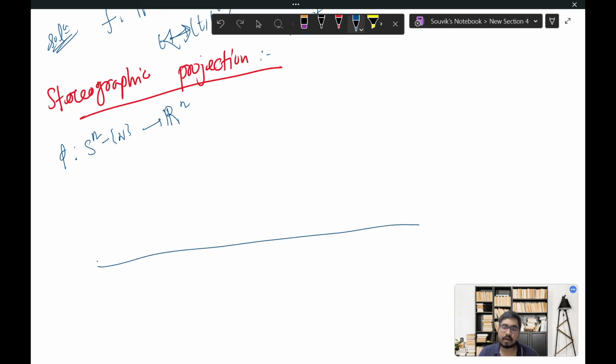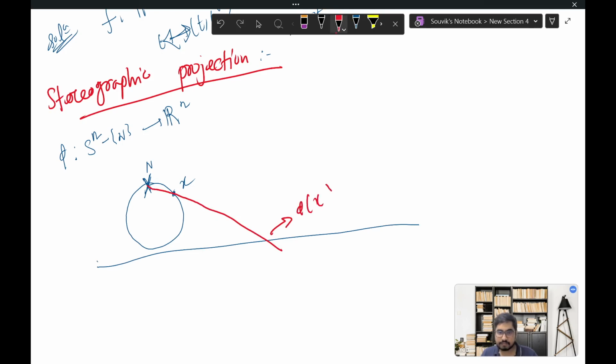Consider R^n, and consider the sphere here, and take the North Pole out. The map is constructed as follows, from the sphere minus the North Pole to R^n. We take a point x and consider the line through the North Pole and x, and look at the point of intersection with R^n. This is denoted phi of x.